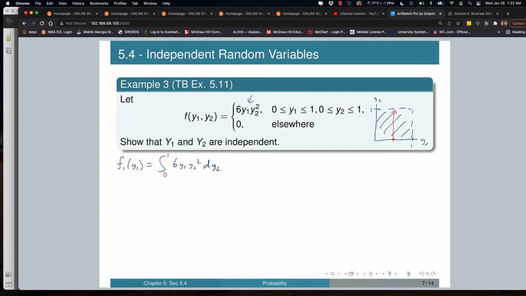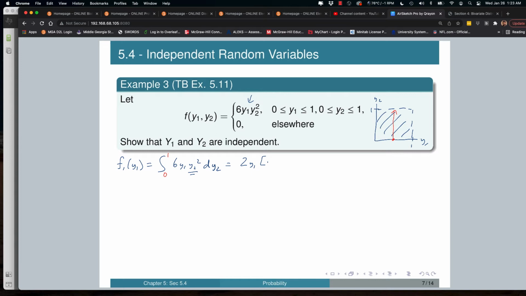All right, so this is a pretty simple integral here, and I think you guys probably could figure out how to do this one on your own, but I'm going to go ahead and complete it. If I integrate with respect to y sub 2, I'm only really integrating that value there because everything else is considered a constant. That's going to be y sub 2 cubed over 3, and dividing that 6 by 3, I get 2, and the y sub 1 is a constant.